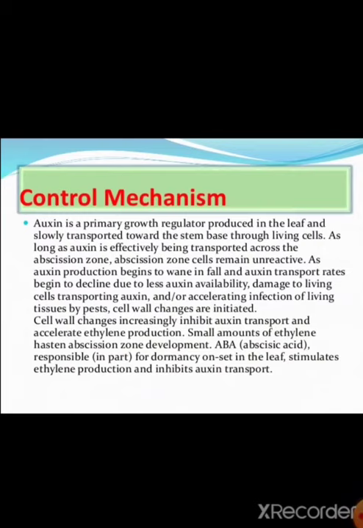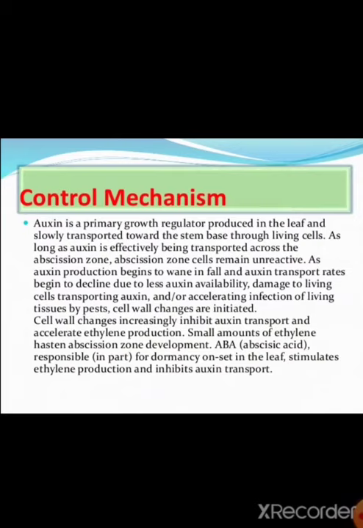As auxin production begins to wane and auxin transport rates begin to decline due to less auxin availability, damage to the living cells transporting auxin and infection of living tissue bypass, cell wall changes are initiated.